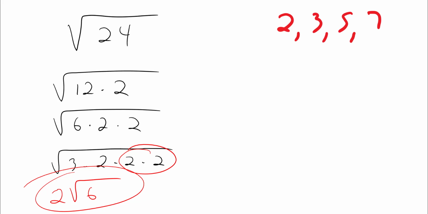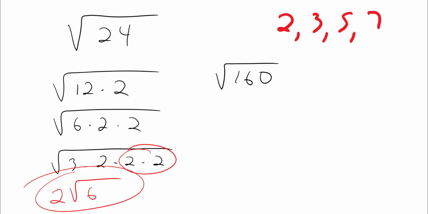Okay, let me do a tougher one, which I think is good for you to see. How about the square root of 160? If you came up to me in the middle of the hall and said, Mr. Curvis, what's the square root of 160? I'd be like, I don't know.